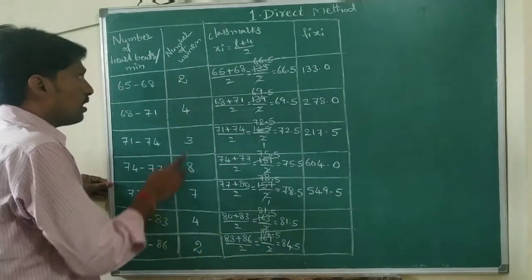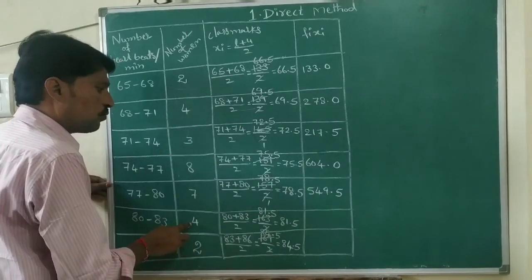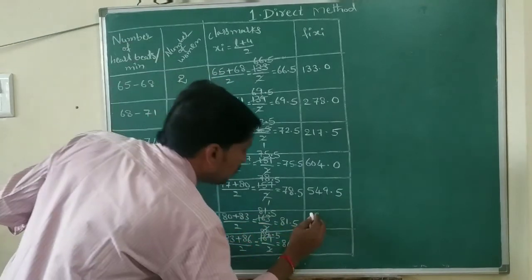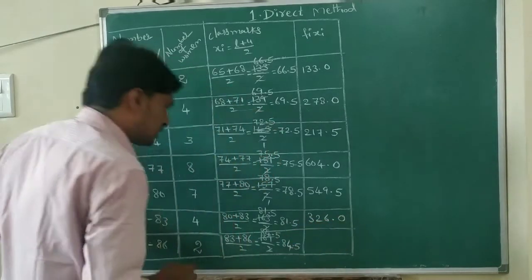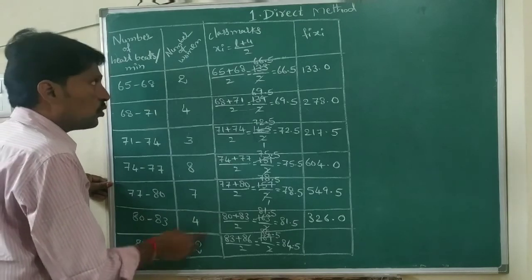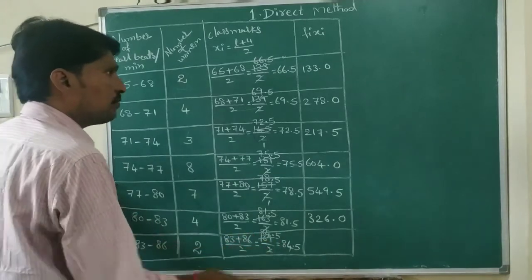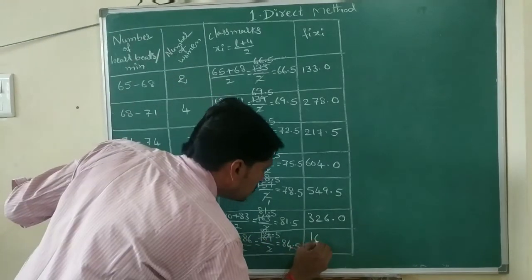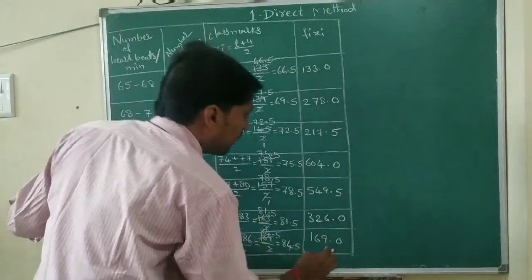Next, fi is 4, xi is 81.5. 4 into 81.5 is 326.0. Next, the last class interval frequency is 2, xi is 84.5. 2 into 84.5 is 169.0. Now we need to add these totals.